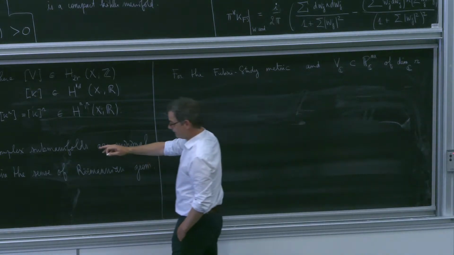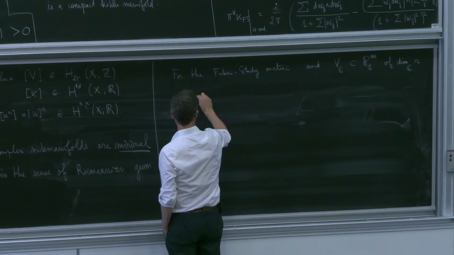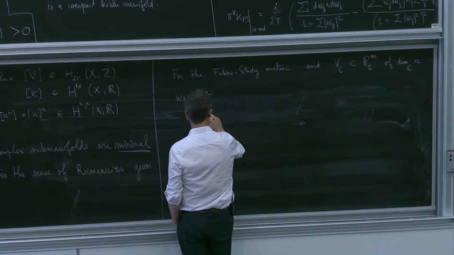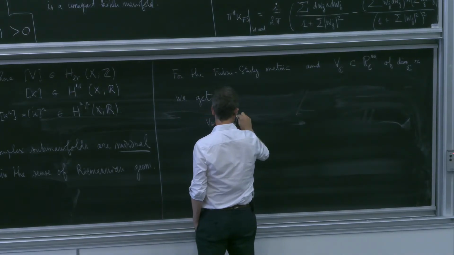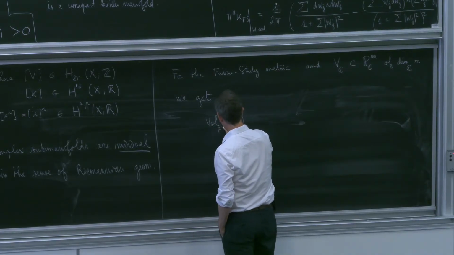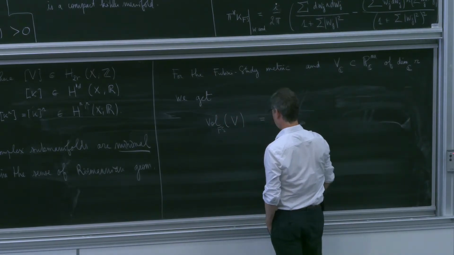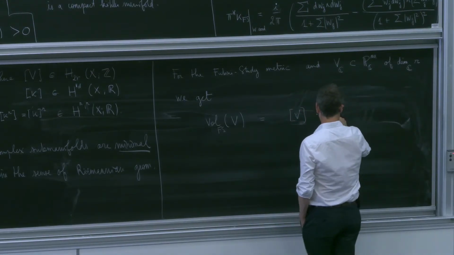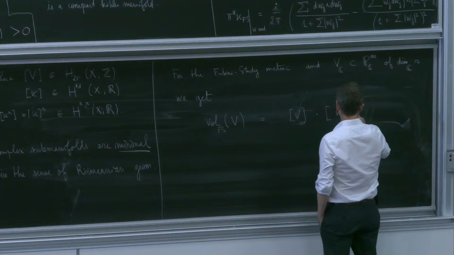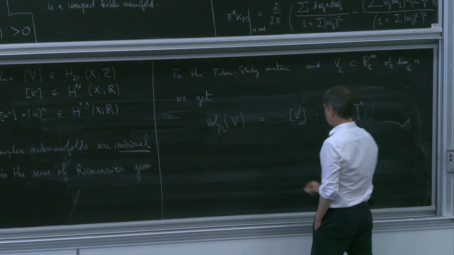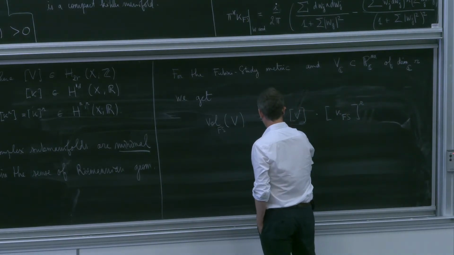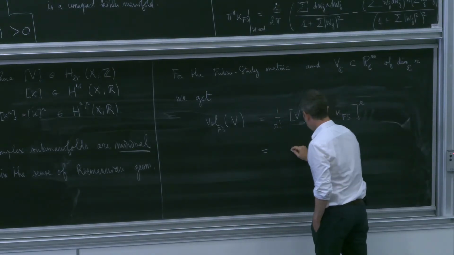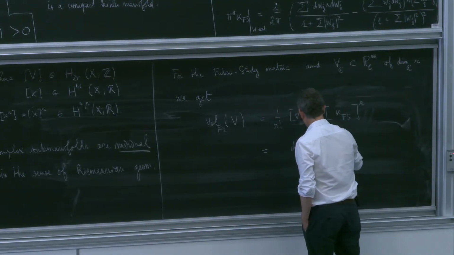I can apply this equality. So the volume of V for the Fubini-Study metric is equal to the class of V intersected with the class of the Fubini-Study metric to the r. And what you get, in fact, is the degree of V.